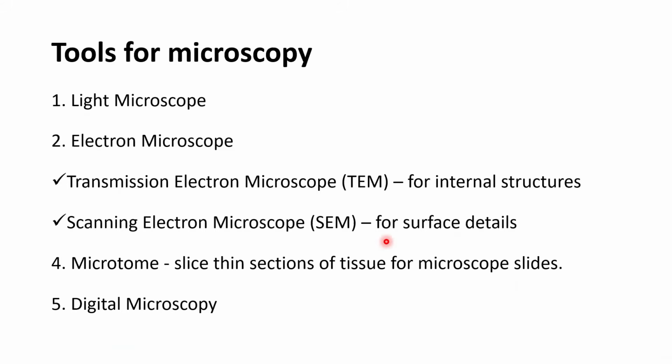So that's majorly about the various tools for microscopy. But we'll also try to look at the light microscope deeply. We need to know the functions and the various parts of the light microscope.